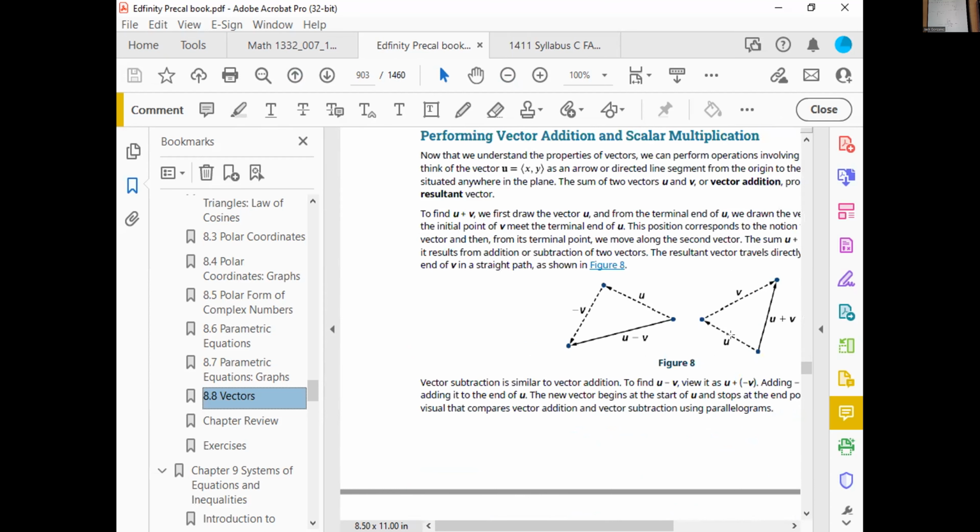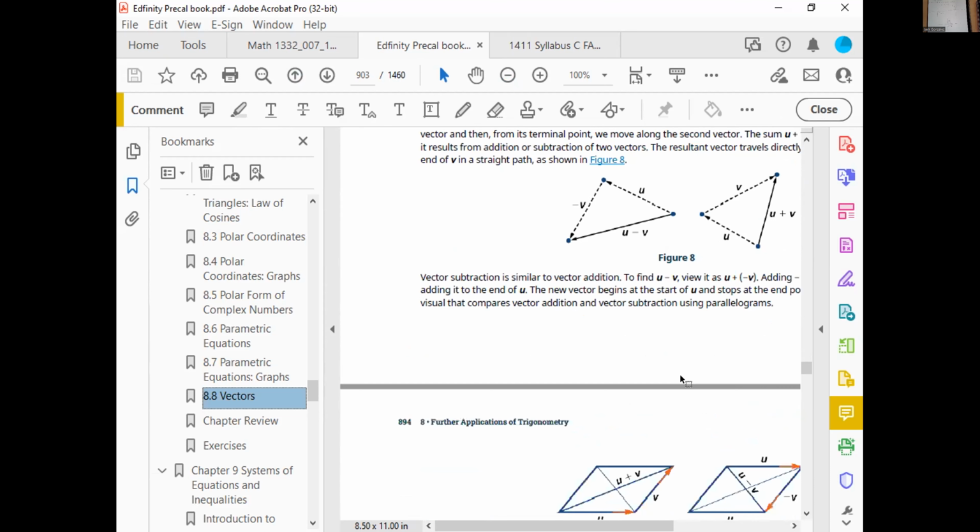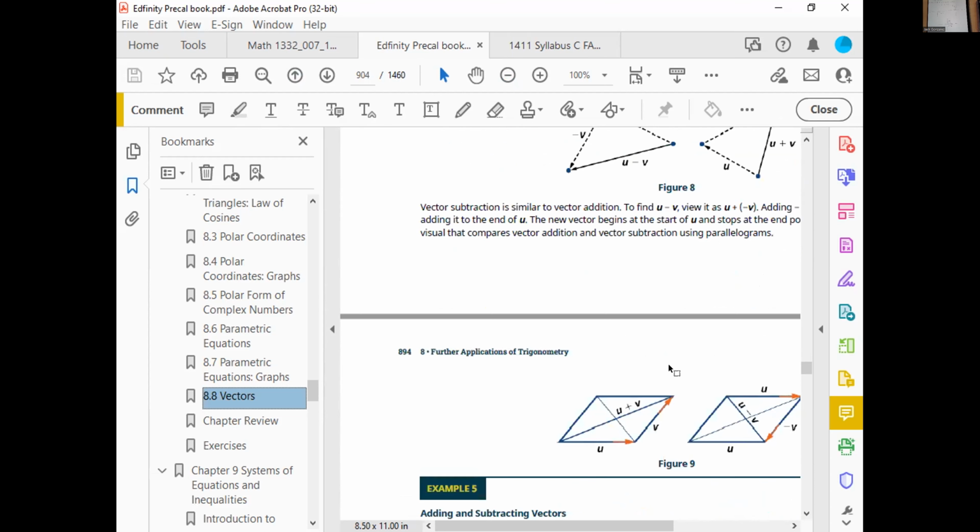So they have these ideas of how to find them visually, but the arithmetic is super easy, right? We just add numbers, you find it, right? But I want you to be able to see how it works, okay? Does that make sense? Any questions on that idea?